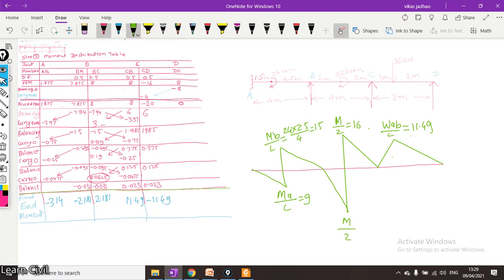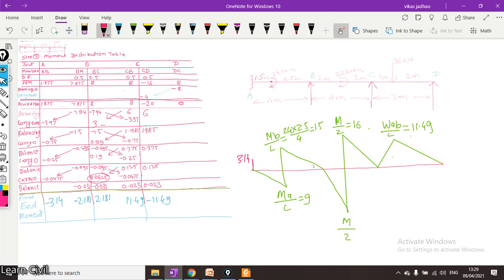Now over this we have to draw the fixed end moment values. For AB we have minus 3.14. Minus means we have to draw on the negative face, so it will be minus 3.14 like this.